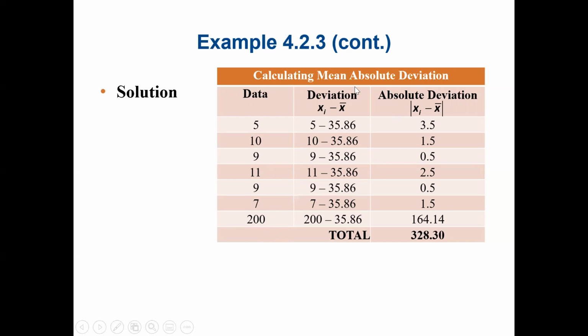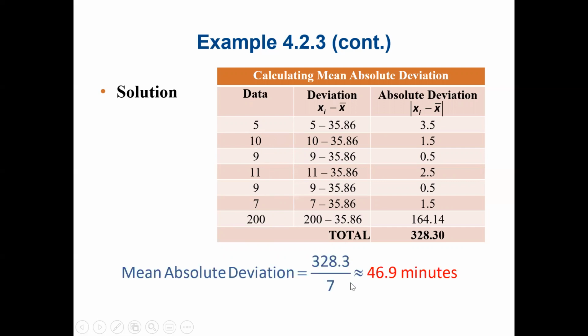So we find the deviation as we did previously, the difference of the mean with each value. We can see that even the mean value is very big now, because we are going to add all the values and divide by 7. So here we have our total value to be 328.3 divided by 7.